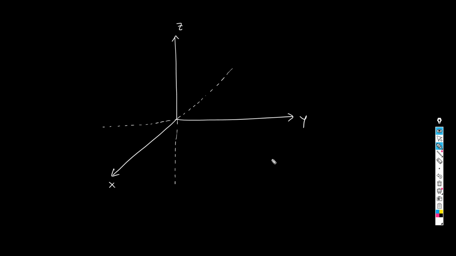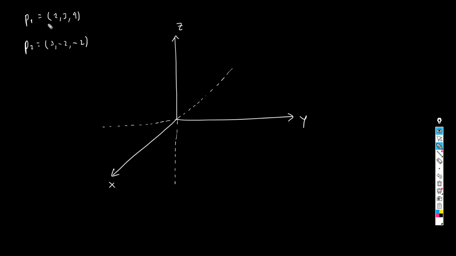Okay, let me give you very quickly 2 points. Point 1: 2, 3, 4. We're gonna need another coordinate for representing the height of that point along the z-axis. And point 2, let's write 3, minus 2, minus 2.